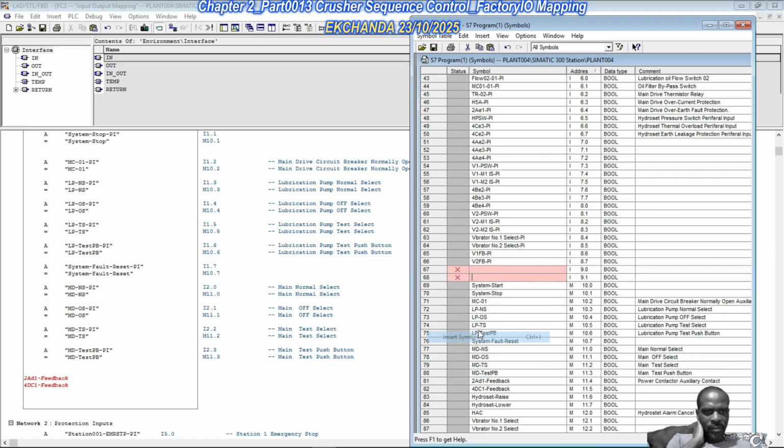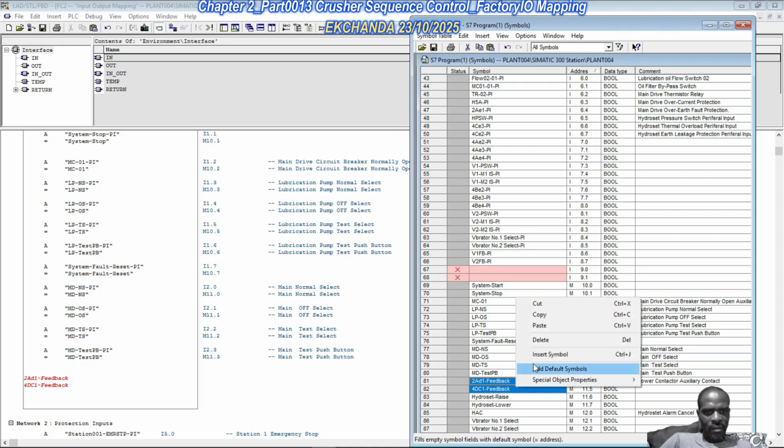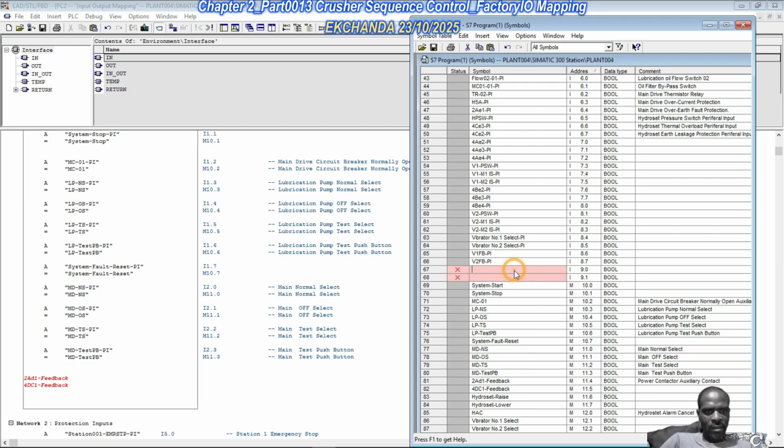okay, and then we need 281. We need this in that position as a peripheral input. Okay, like so.